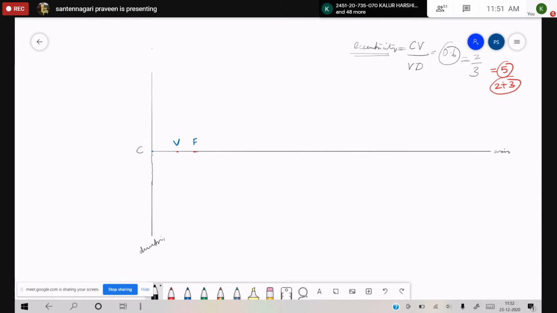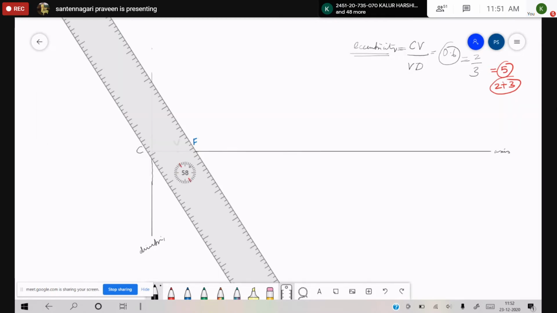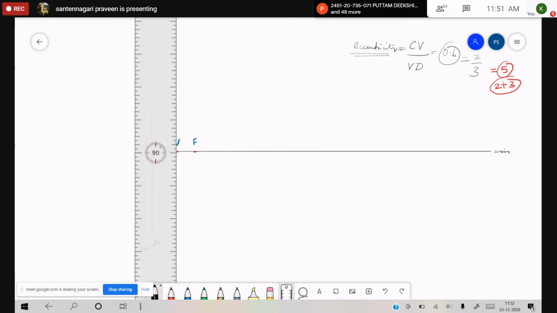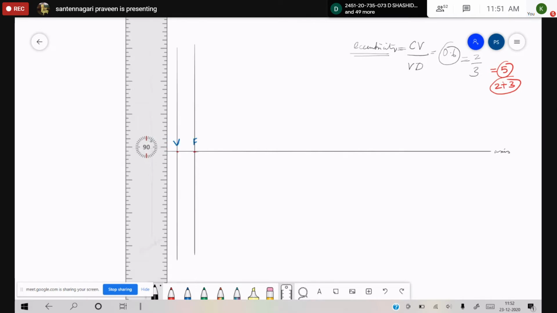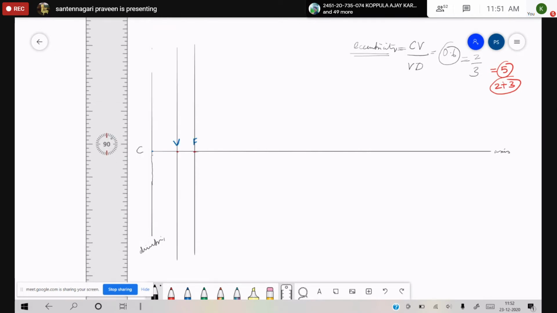Now we will draw lines from the vertex and another line from the focus. Take the distance VF, and with the help of a compass, with center V and radius VF, cut an arc on this line.